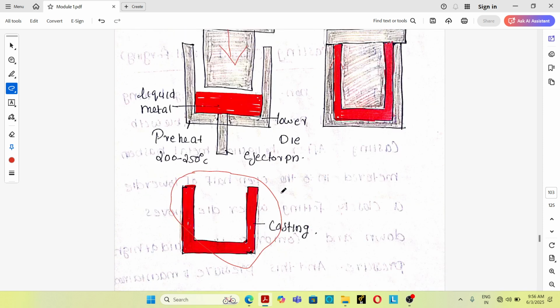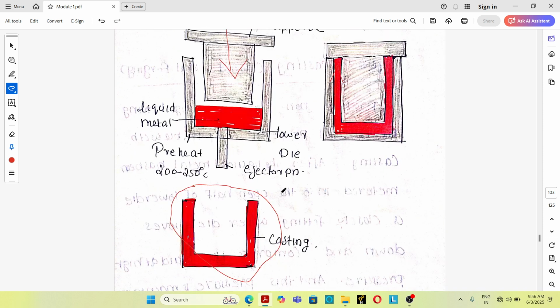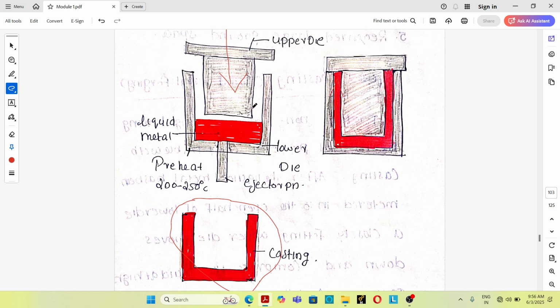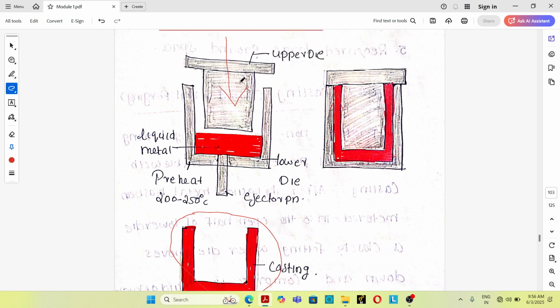In this squeeze casting process, a certain amount of liquid metal is metered and poured into the lower half of the die. Squeeze casting process consists of a die which has a lower half and upper half. After the liquid metal is poured into the lower half of the die, the upper die, that means the punch, moves in a downward direction and exerts a pressure over the liquid metal.